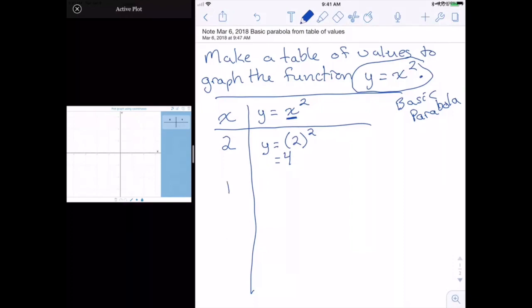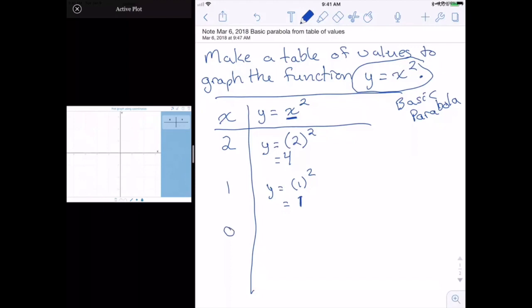And I'll do the same thing for when x equals 1. Again, put that into the equation. And so 1 squared is 1. So when x equals 1, y would equal 1.